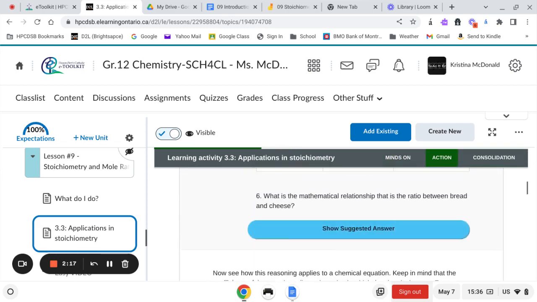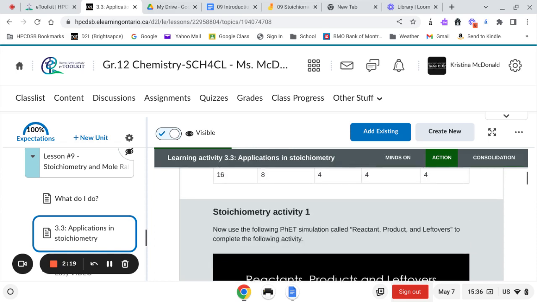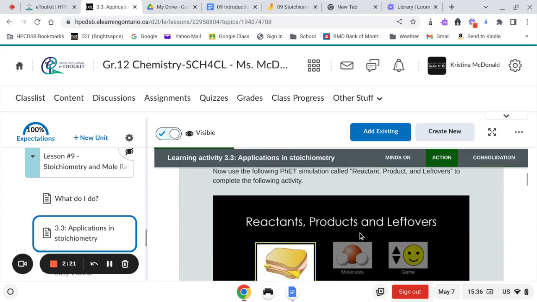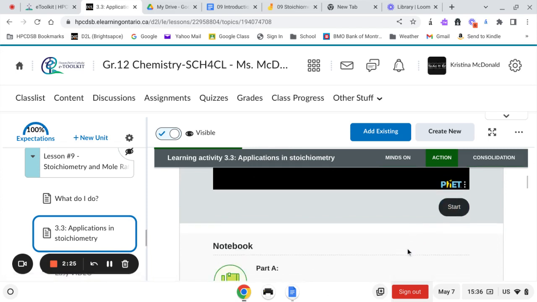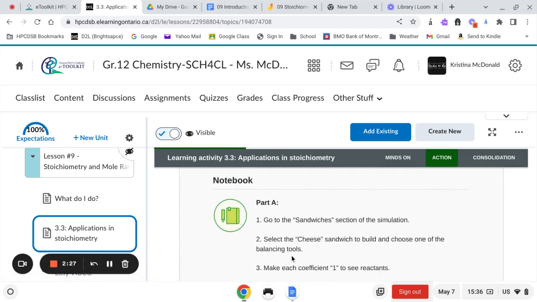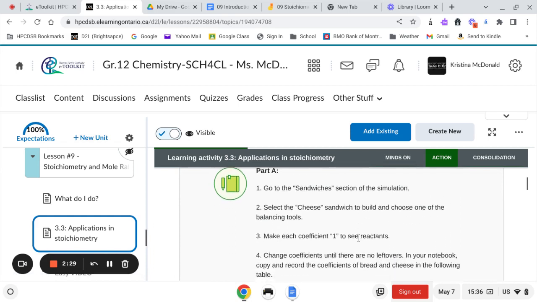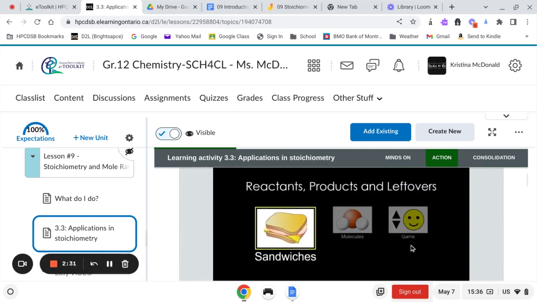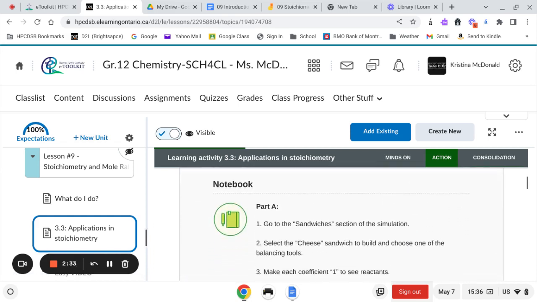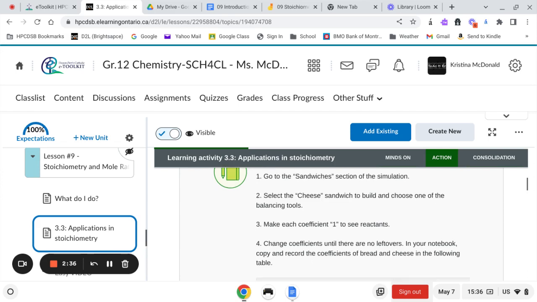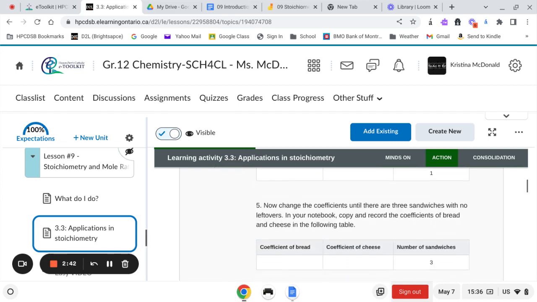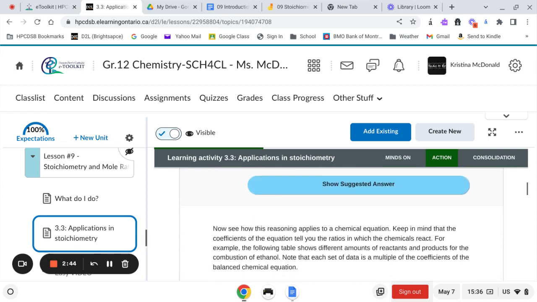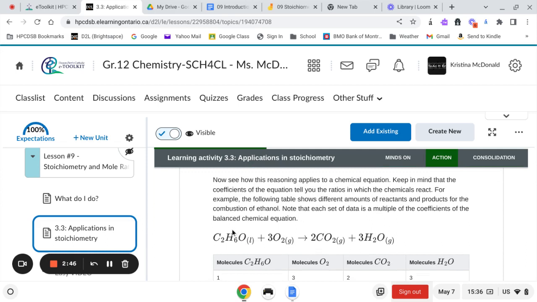And then as we move through the summary note, there are some simulations here that we want you to carry out. You're going to click on the start button and it's going to open up in a new screen. Here are your instructions to take you through these simulations. It's not going to take you very long to go through them, but they're really good for you to get a handle on what this concept of stoichiometry is and how we are using it in chemistry.